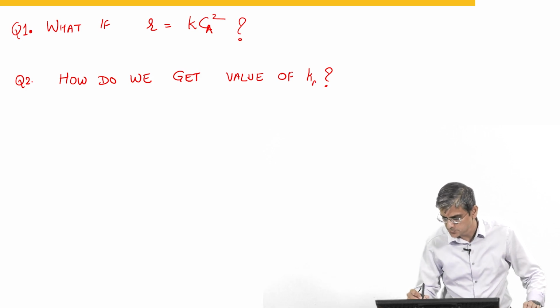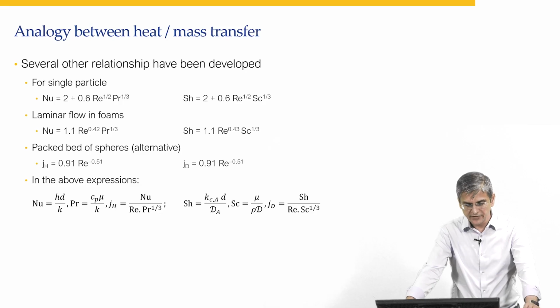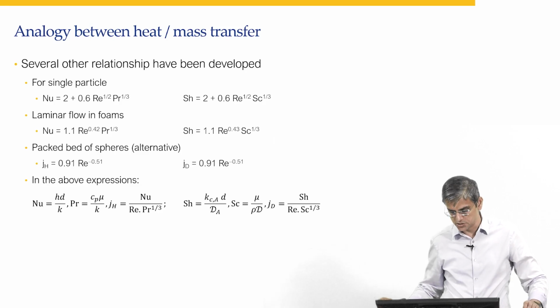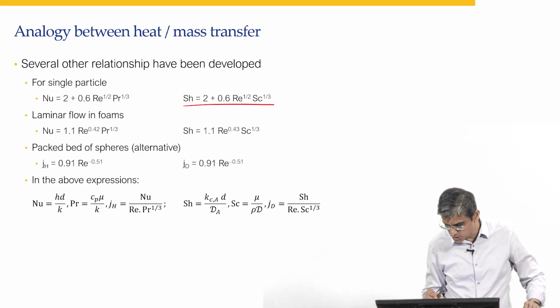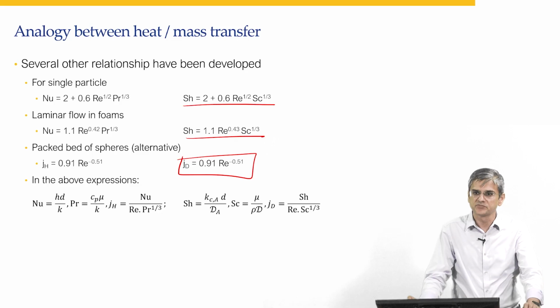Ka, I will just put Ka. How do we get values? We get values from mass transfer coefficient correlations. This could be Sherwood number correlations or the JD factors, the Chilton-Colburn factors.